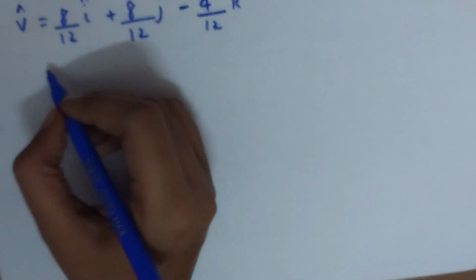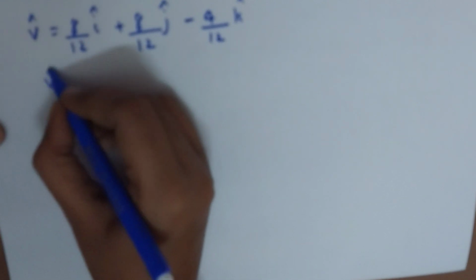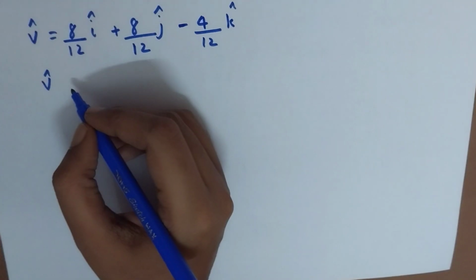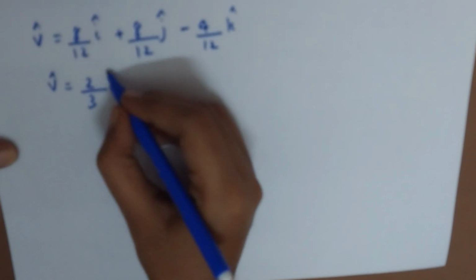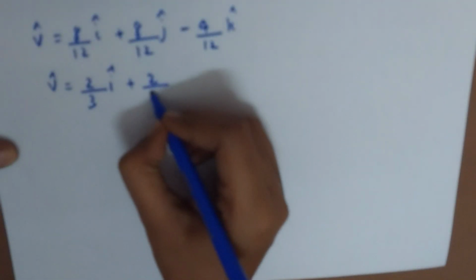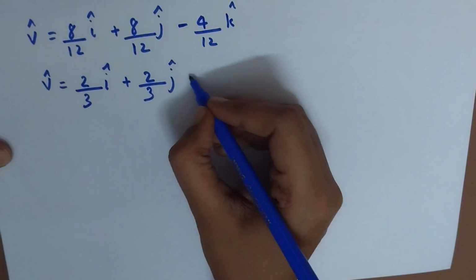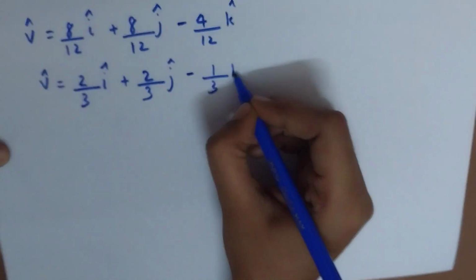Now when you reduce this, you will get 2 by 3 i cap plus 2 by 3 j cap minus 1 by 3 k cap.